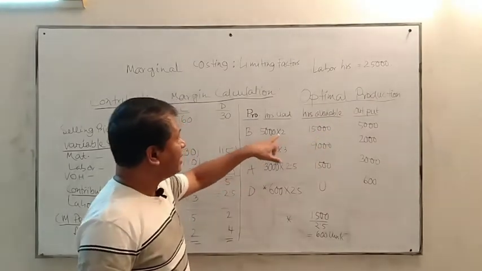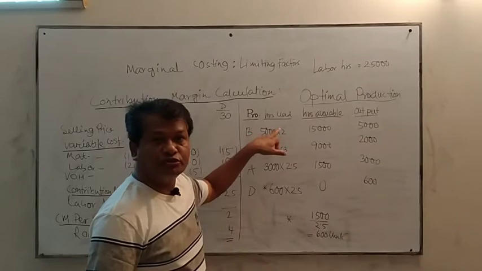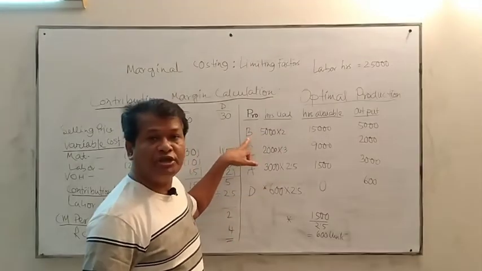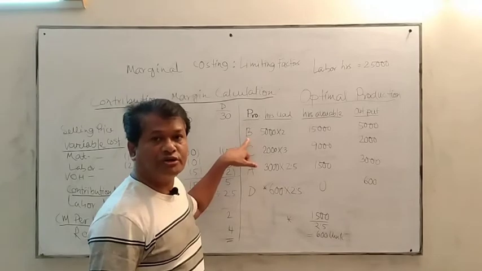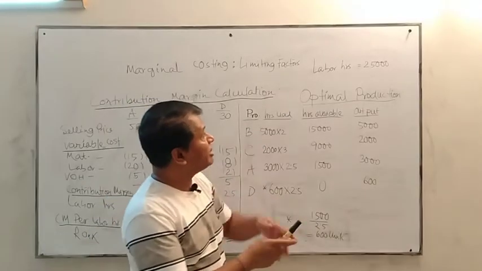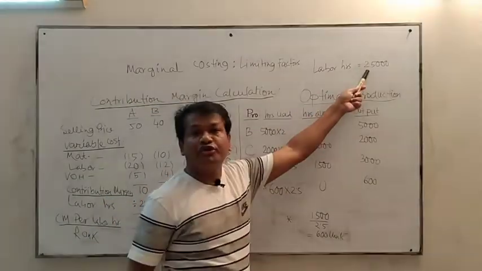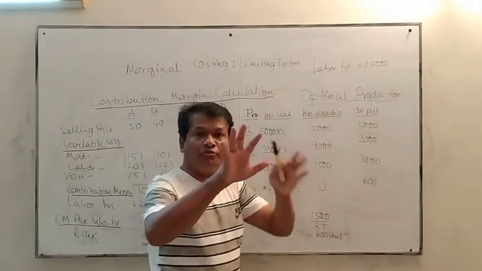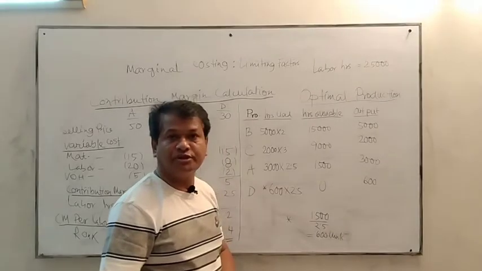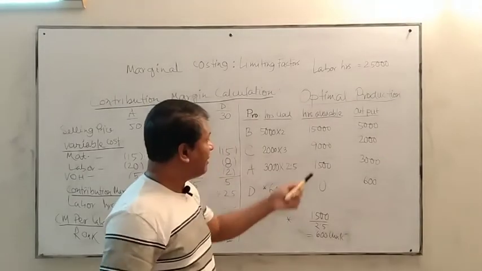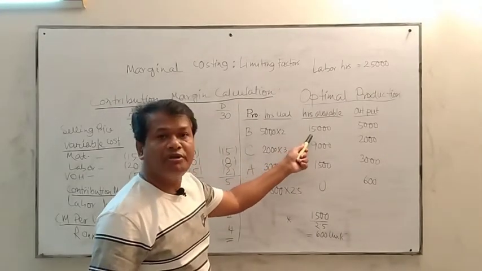So you have right now hours used for production of B: 5,000 units require 10,000 hours. Here the total labor hour is 25,000. From 25,000 you have to subtract the 10,000. The hours remaining are called available hours. That is hours available 15,000.